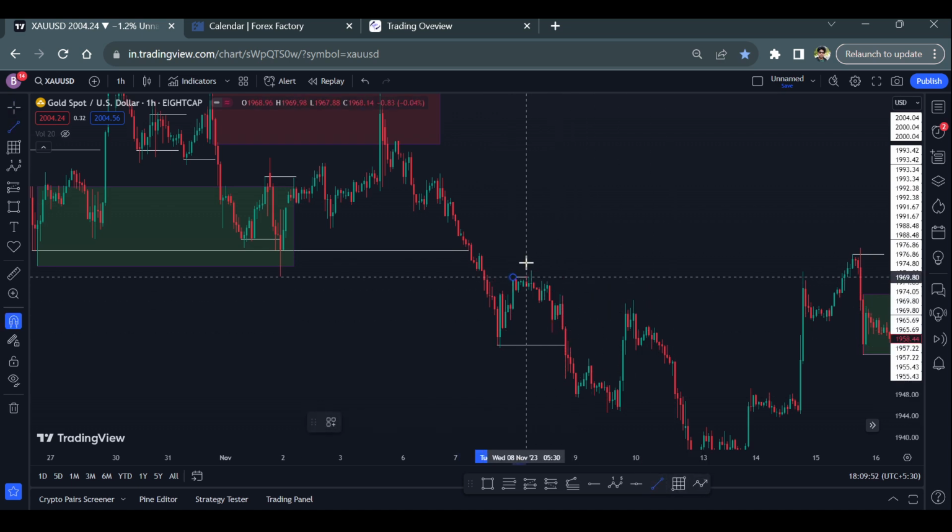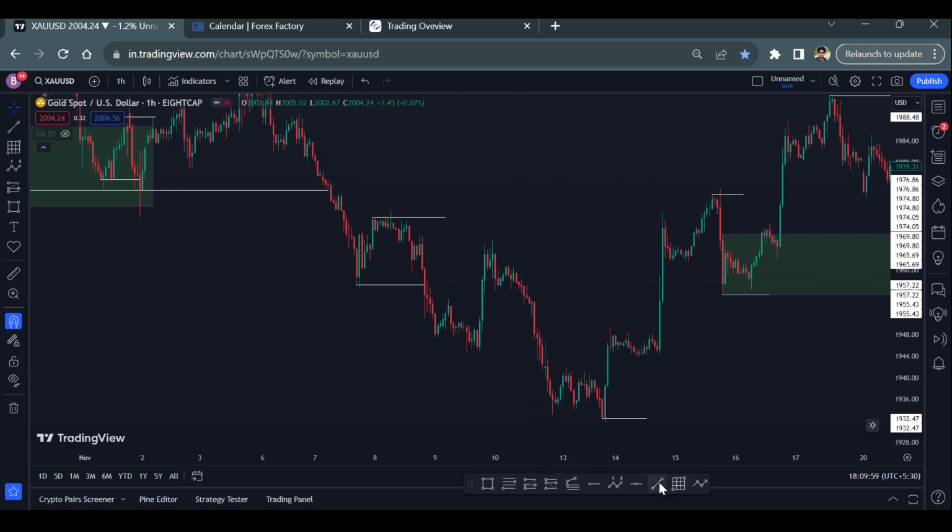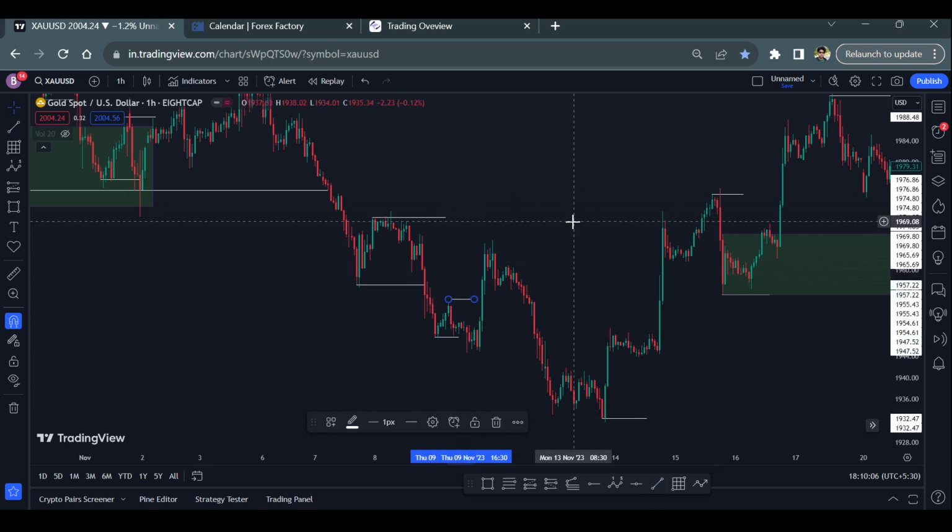and then a lower high, and then one more low here. Structure getting complex here.